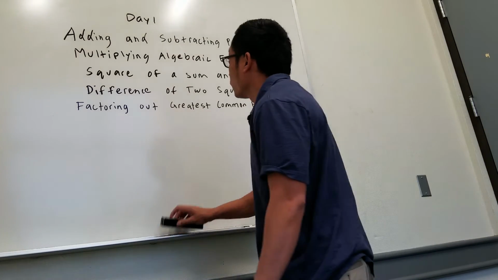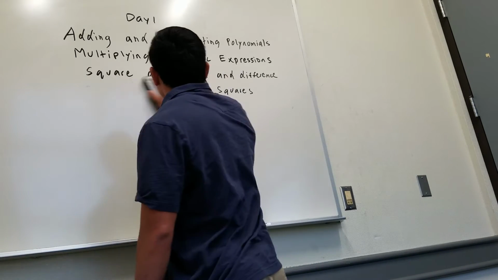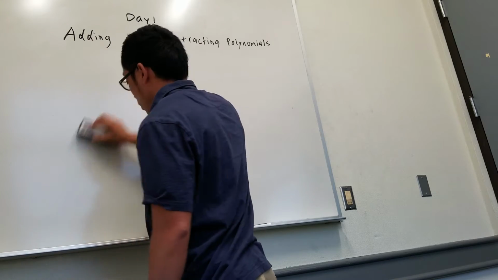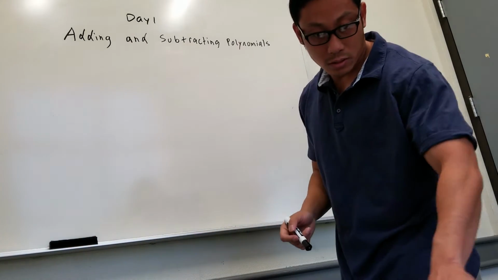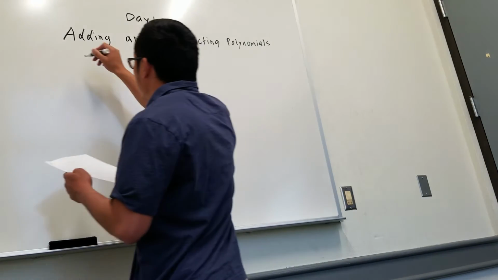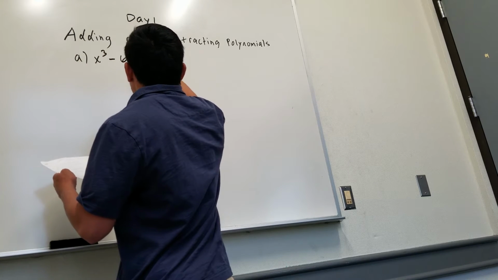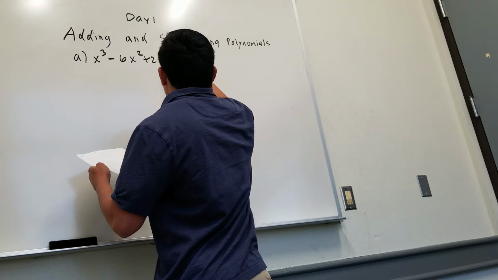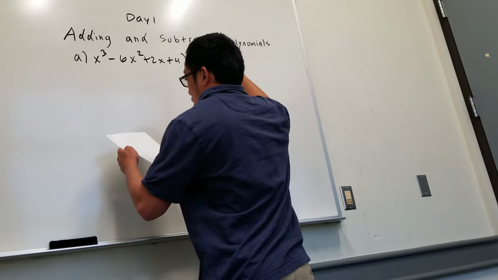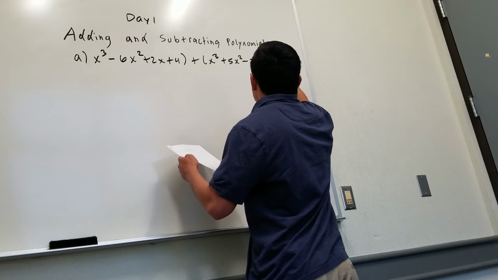Let's do this. Right now we're going to be adding and subtracting polynomials. So we have x cubed minus 6x squared plus 2x plus 4 plus x cubed plus 5x squared minus 7x.